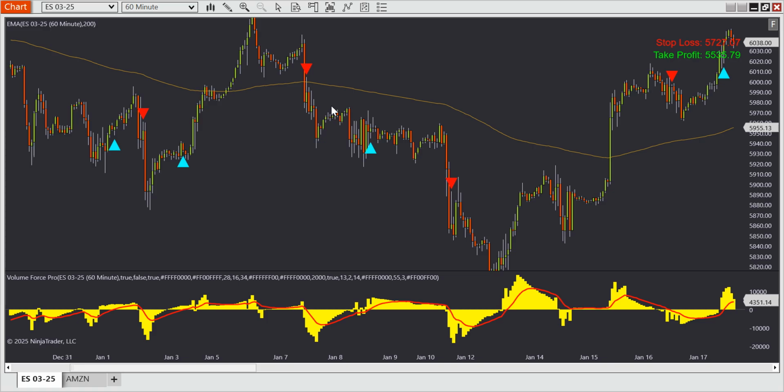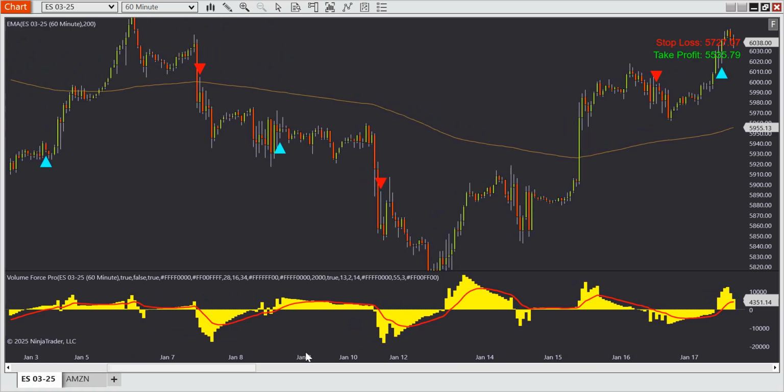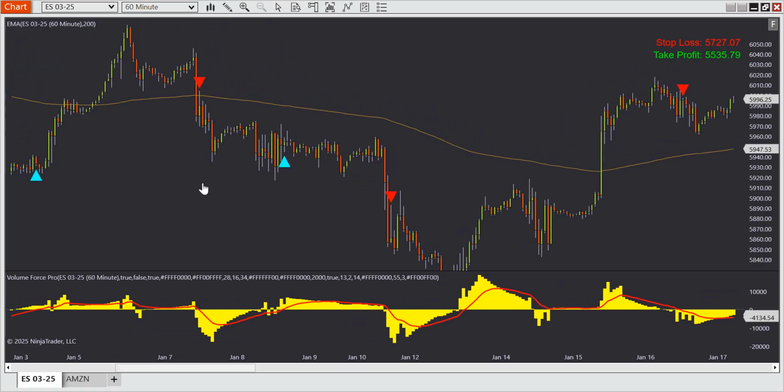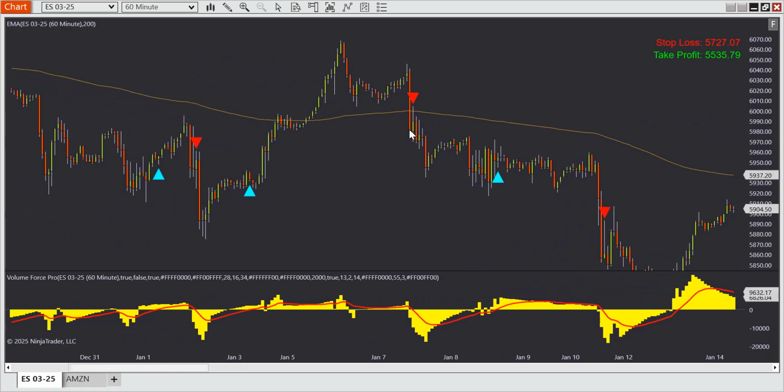And of course, in this example, price closes, let me zoom in a little bit. Price closes here below the 200 EMA, giving us some bias before the sell signal paints, that we could start to see some downward price movement.